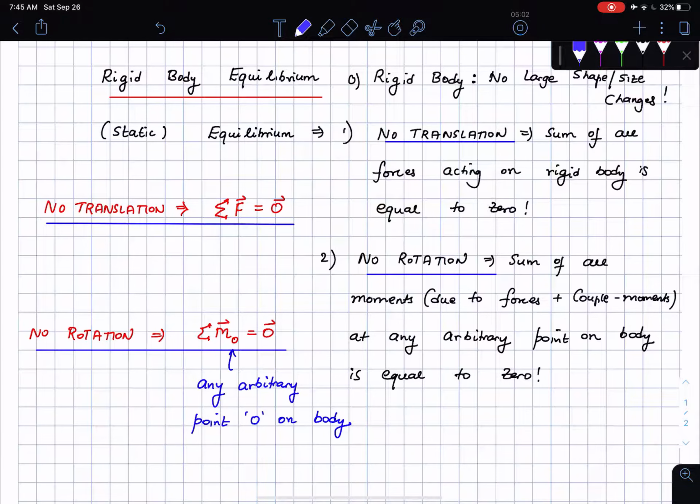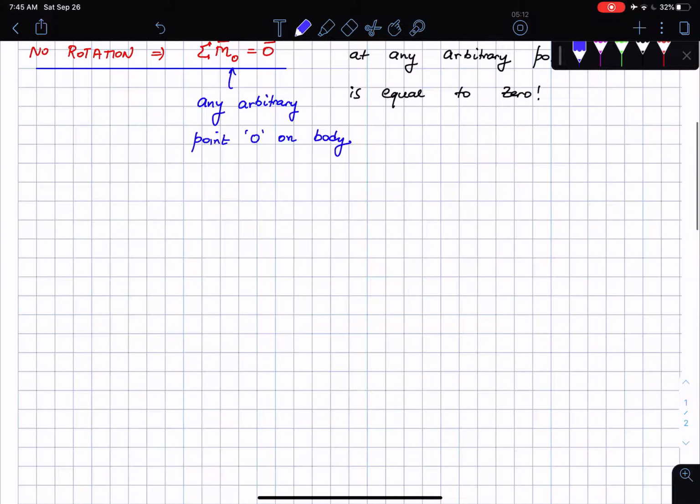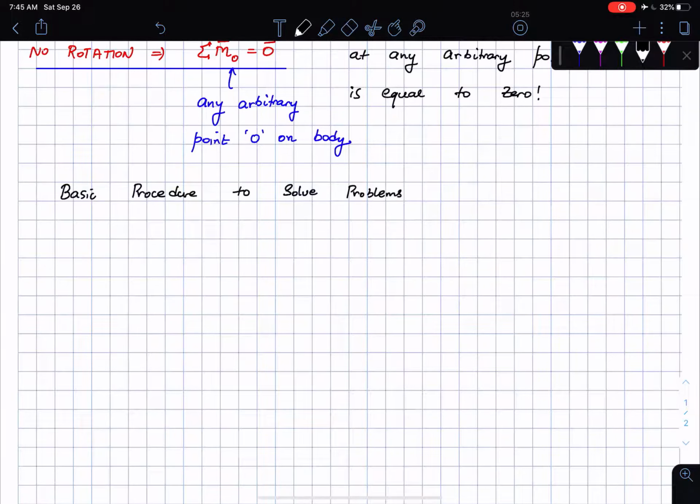Now I come to the basic procedure of how to proceed with rigid body equilibrium. So basic procedure to solve problems. This is very important that we follow each and every one of these things that I'm outlining here.